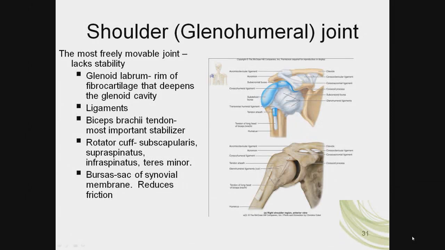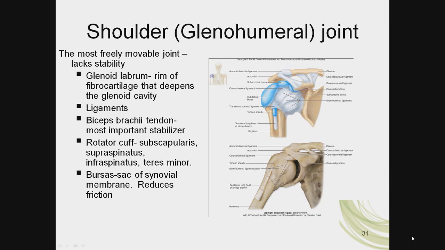Bursae may be either connected to the joint cavity or completely separate from it. They are designed to alleviate the friction resulting from the various body movements, such as a tendon or ligament rubbing up against a bone. An elongated bursa, called a tendon sheath, wraps around tendons where there may be excessive friction.